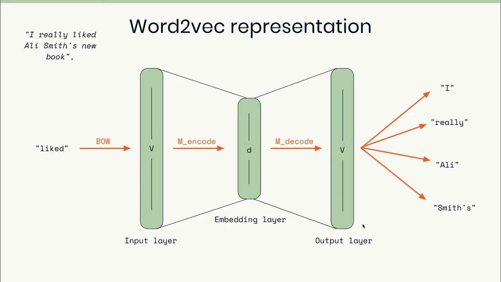So after encode and decode, to convert this to a vector of probabilities, we apply the softmax function, which you have seen previously, which just converts all these numbers, which could be any numbers, to probabilities between 0 and 1, so that all of the probabilities in this vector add up to 1.